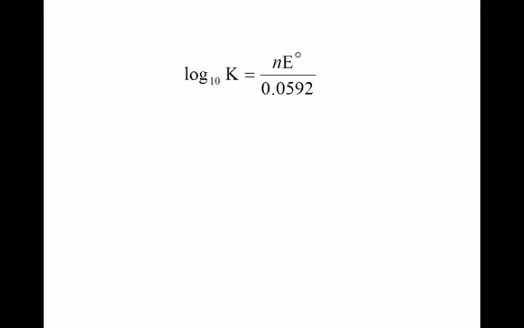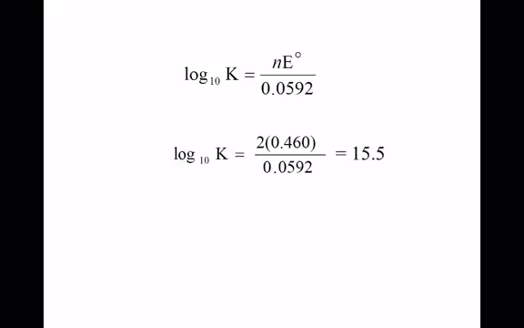So the last thing we were tasked to do, I guess, was to come up with the equilibrium constant, the K. So this is why when I was mumbling to myself, I'm like, you know what? We don't need to have those other cell potentials to get to K. We just needed the standard cell potential. So plugging in N and E0, we get log of K is equal to 2 times 0.460 divided by 0.0592.